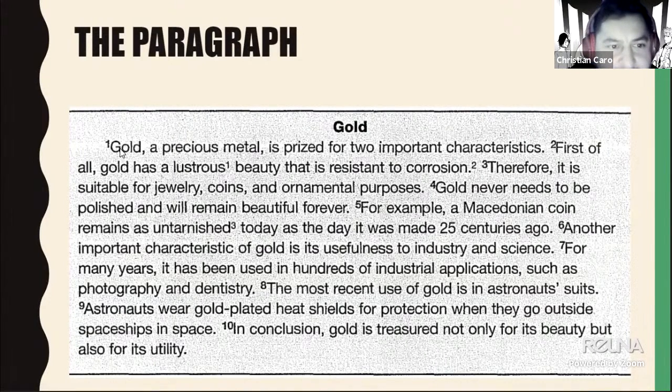Why? As I was saying, the first two lines are what we call the topic sentence, which is pretty much the statement in which you declare what the topic of the paragraph is, right?